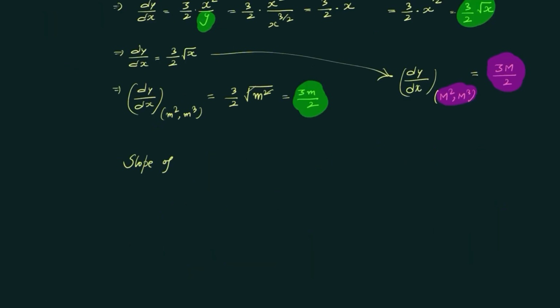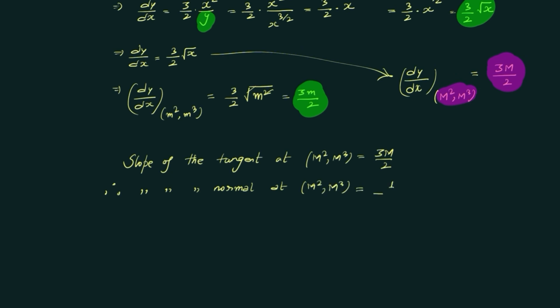Now see, the slope of the tangent at (m squared, m cubed) is 3m by 2. Therefore, the slope of the normal at (M squared, M cubed) will be minus 1 by dy over dx, that means 1 by 3M by 2, so it will be minus 2 by 3M.